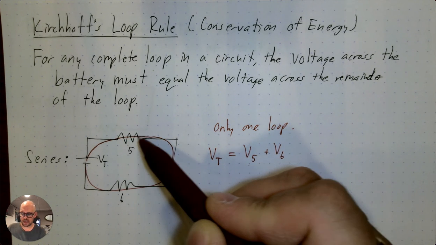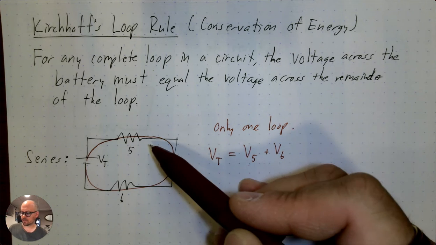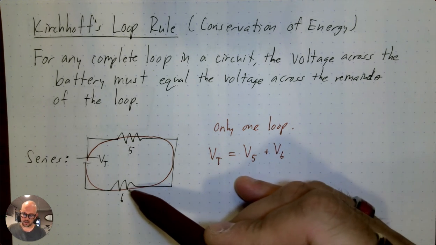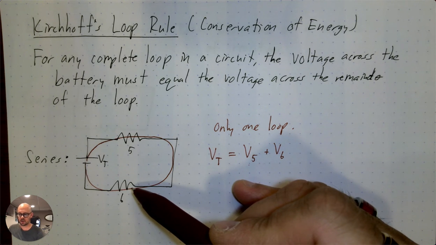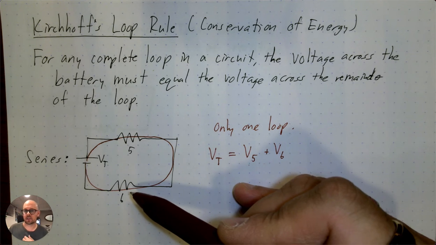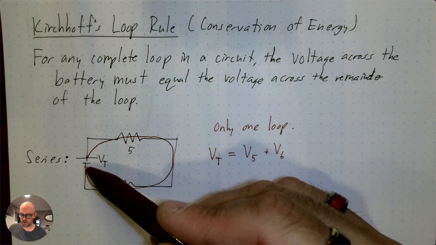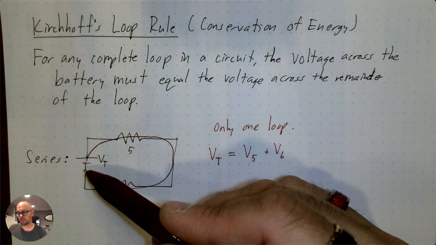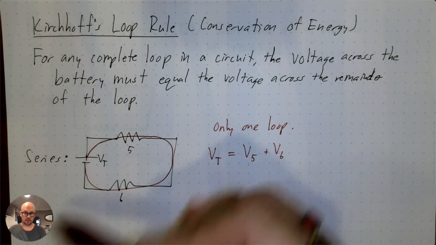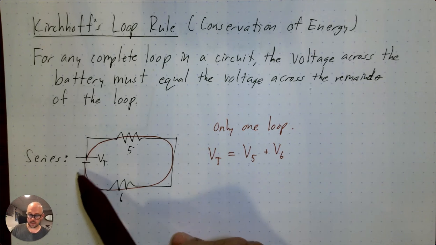The resistor takes some of that away to make heat, and then the electron is left with a little bit less. Then it gets to the next resistor, and that resistor takes the remainder of the added energy from the battery. The electron returns to the battery with the same energy it had the last time it got to the battery. So the battery is like a reset.